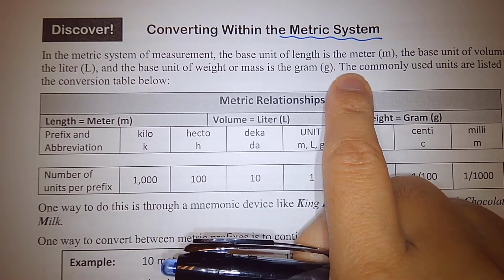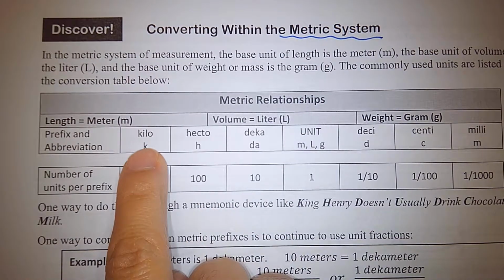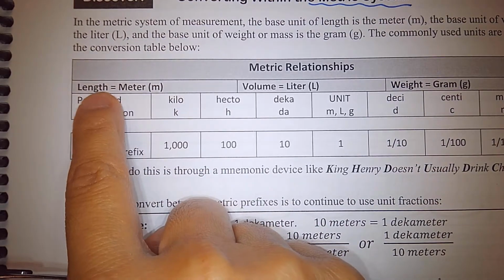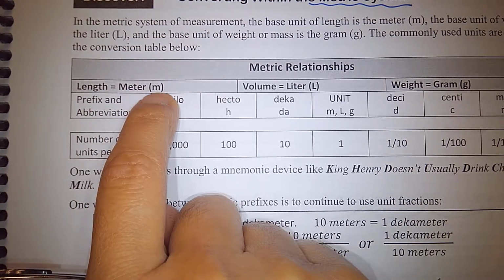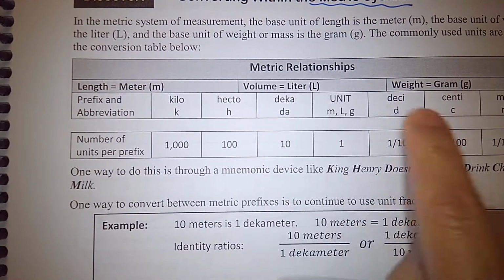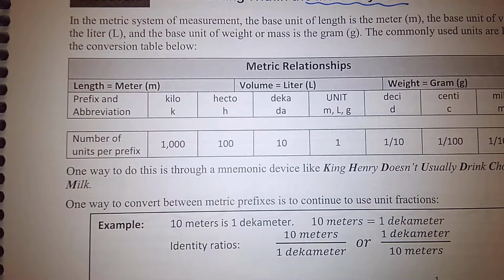I'm from China, and in my country we're using the metric system, so the units for us are not ounces, pounds, and feet, yard. We don't use that. To measure length, we use a basic unit called meters. We use liters. And for weight, we use grams. Say, for example, when the baby is born, we don't talk about pounds and ounces. We talk about, this baby was born with 3,000 grams or 3 kilograms.